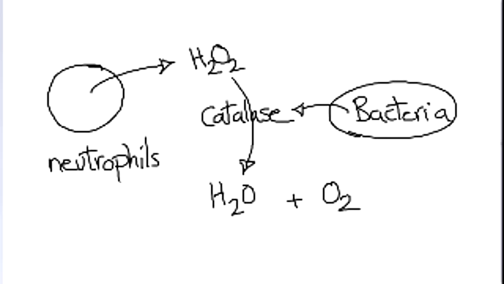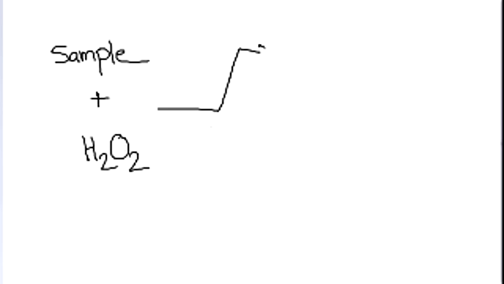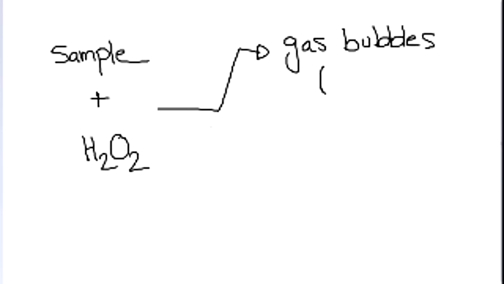So how do we test for catalase enzyme activity in any bacteria? You get the sample and put some H2O2. If you get some gas bubbles, this is an indicator of oxygen release.